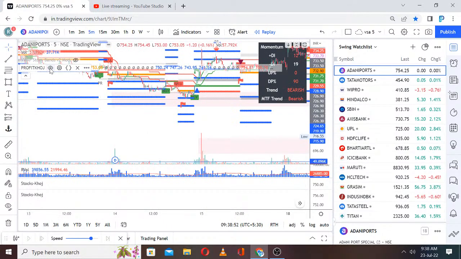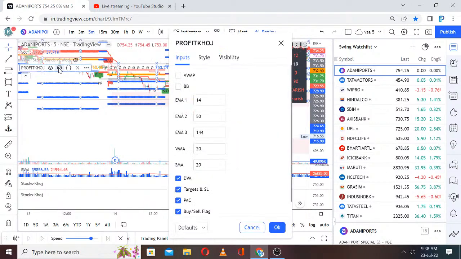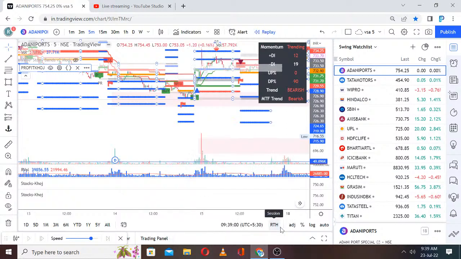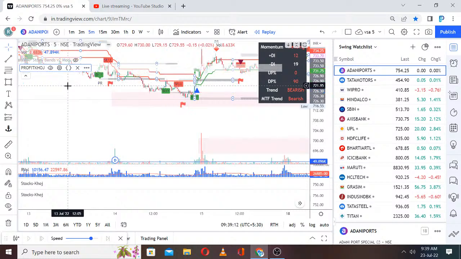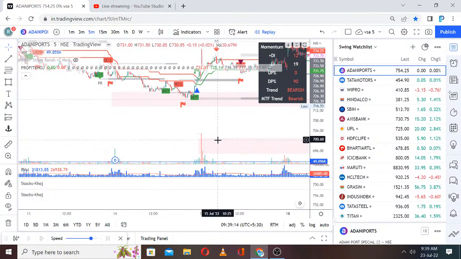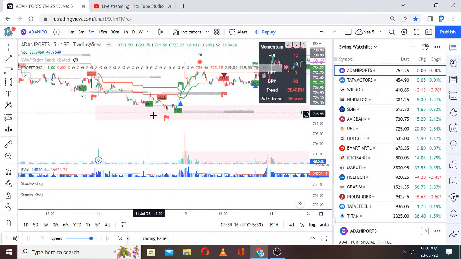So here, what you do is, I'm removing the targets and stop loss to make the chart a little bit clearer. Once it touches this line, take a normal entry like you do on the 5 minute chart.